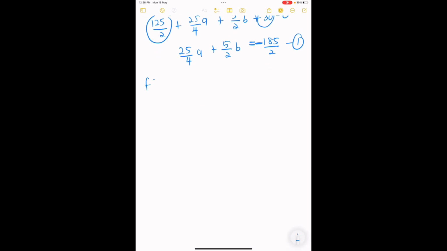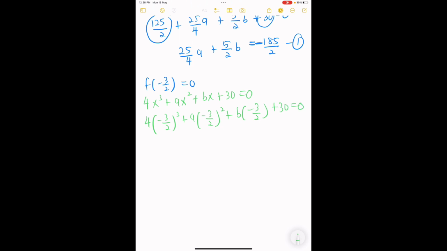Next you have f(minus 3 over 2) equals 0. So change the function with minus 3 over 2. Okay, so 4 times minus 3 over 2 cubed plus a times minus 3 over 2 squared plus b times minus 3 over 2 plus 30 equals 0.